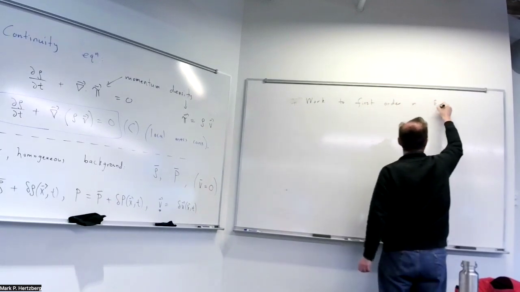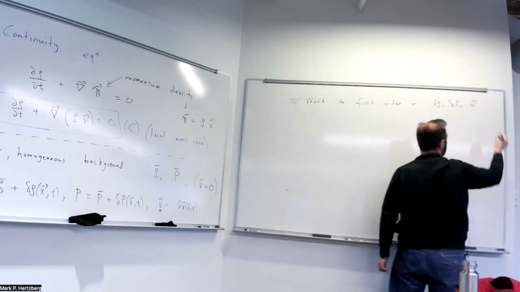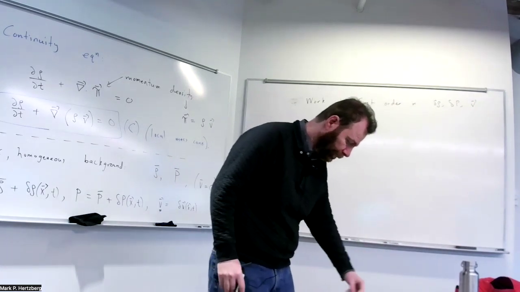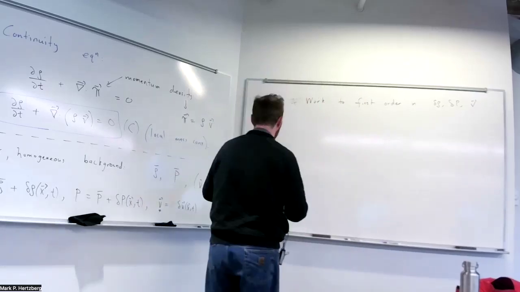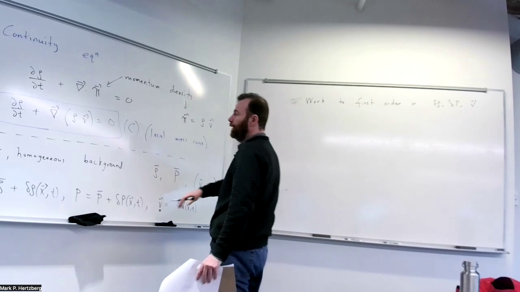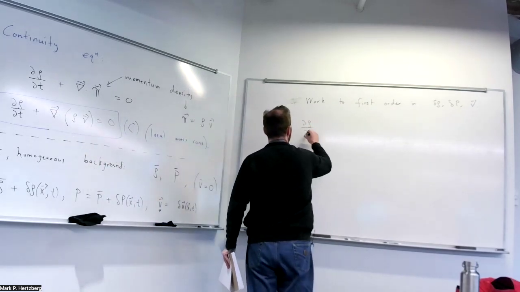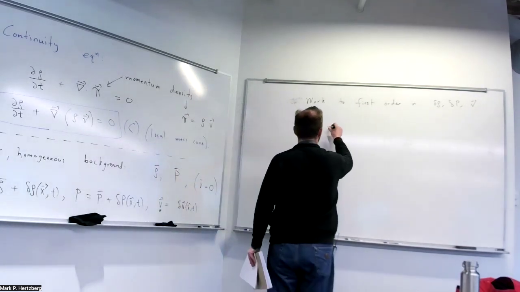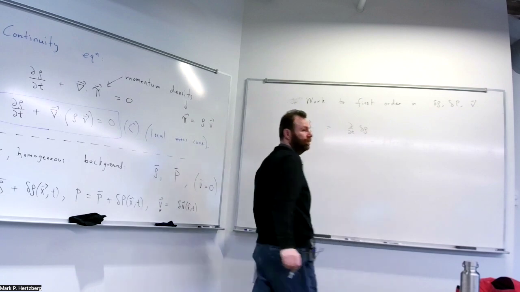That means in delta rho or delta p or delta v, which is just like the whole velocity. All right, so let's just write out each piece. Okay, maybe we can start here. d rho dt. Right, the background piece is static, so this is just d dt of delta rho. That's easy.